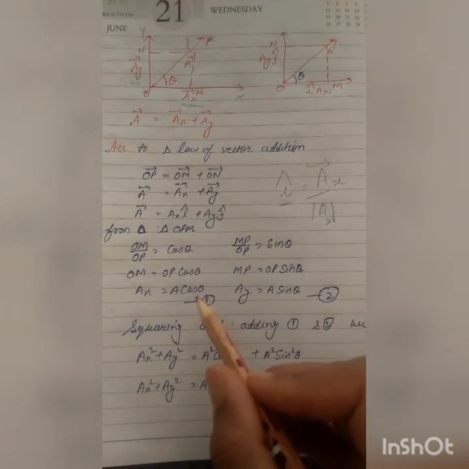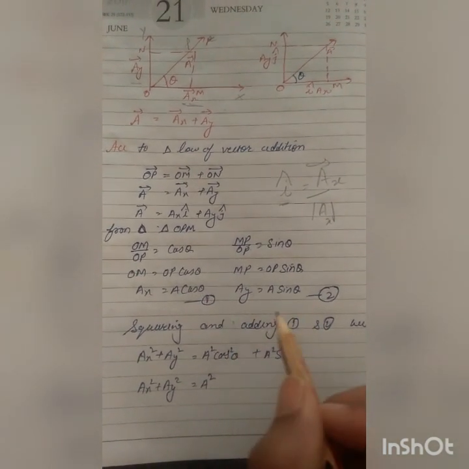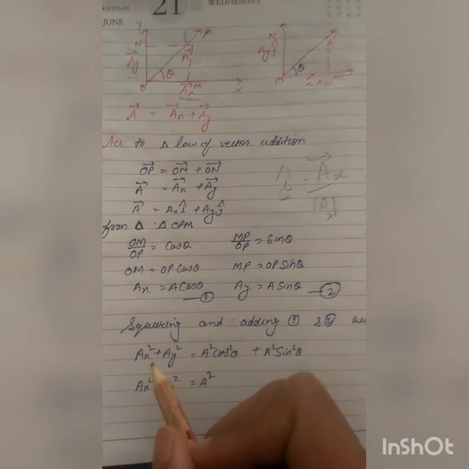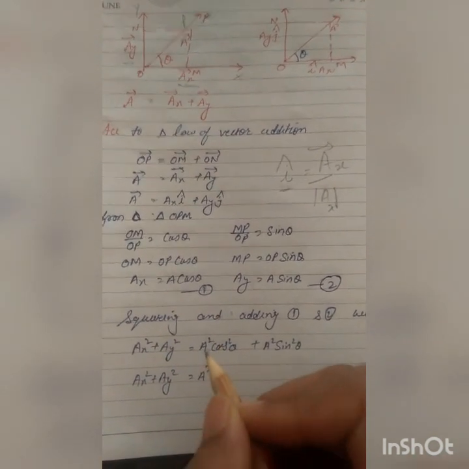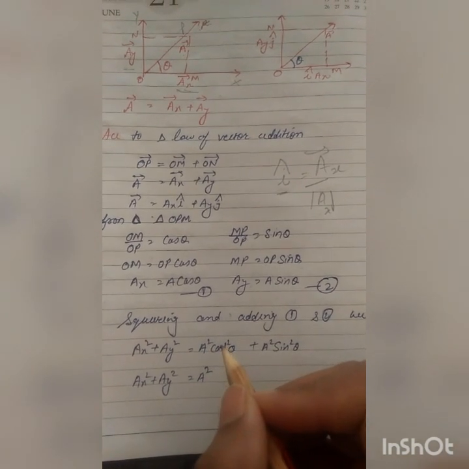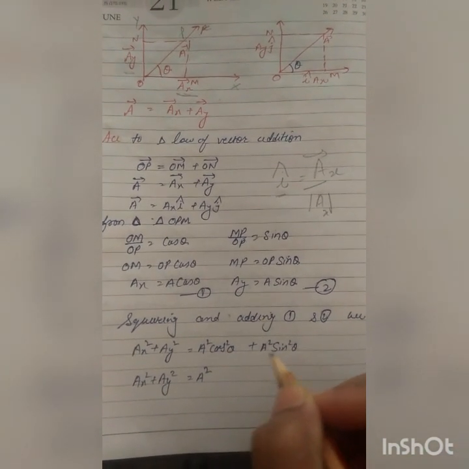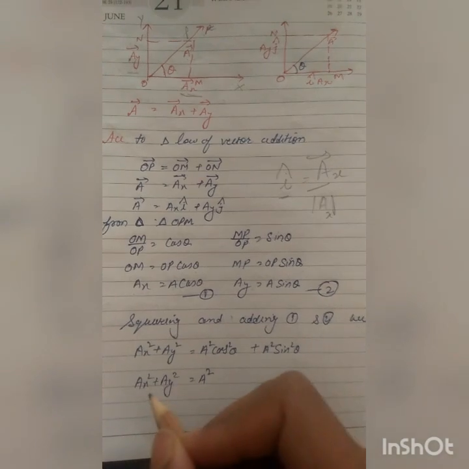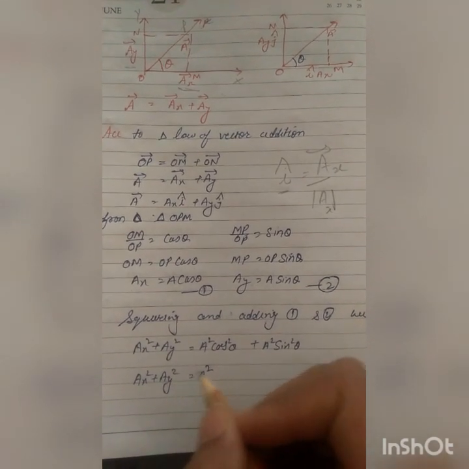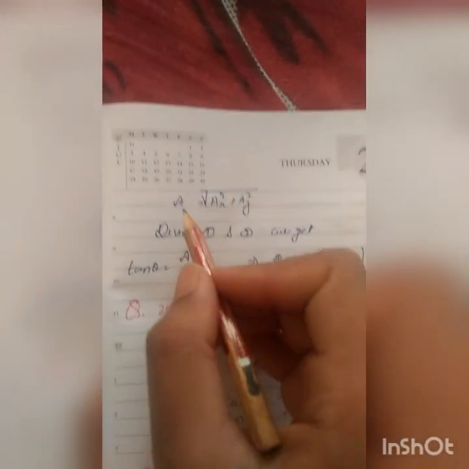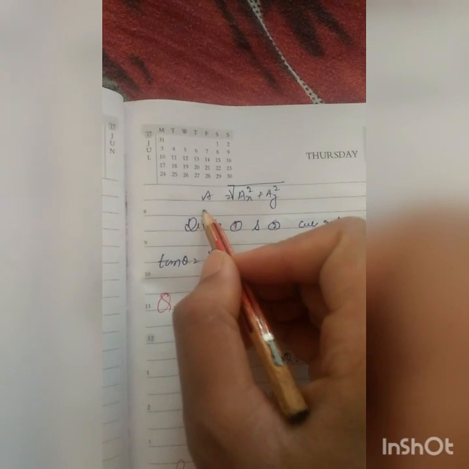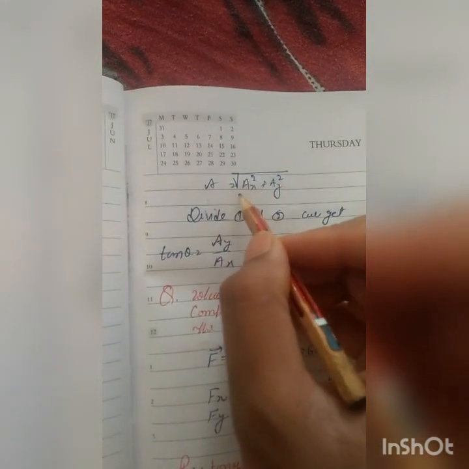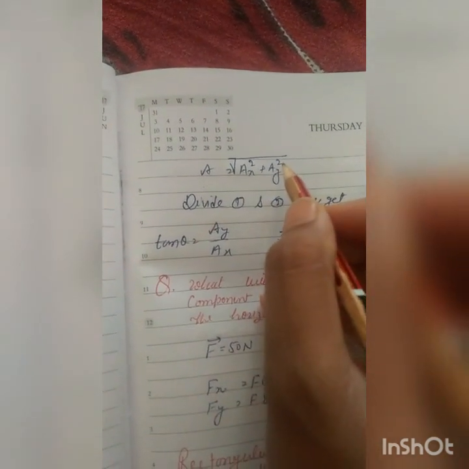Now squaring and adding both of these equations, we get AX square plus AY square is equal to A square cos square theta plus A square sin square theta, and we get AX square plus AY square is equal to A square. The resultant of the two components will be a vector which is equal to under the root AX square plus AY square.